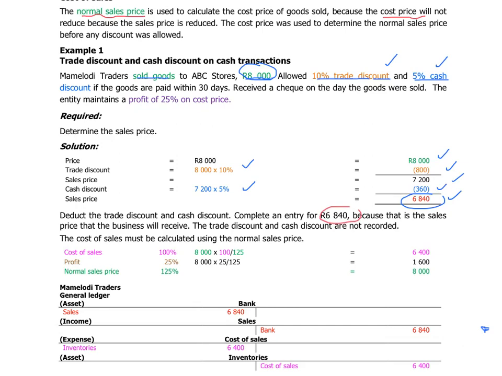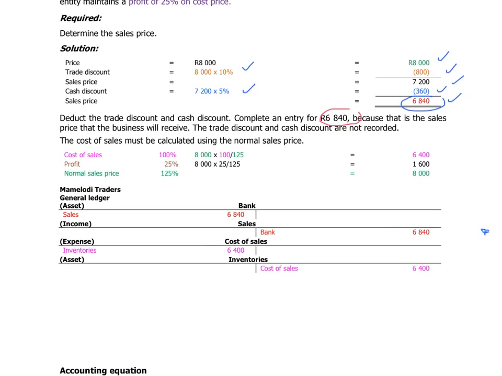So if I look at my ledger accounts, you will see that I will record 6,840 on the debit side of the bank because that is the money that will be deposited into the bank. The income for the business will be 6,840.